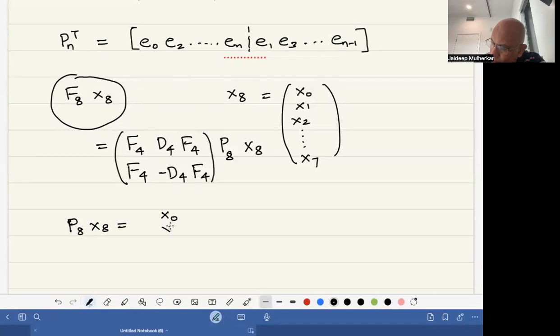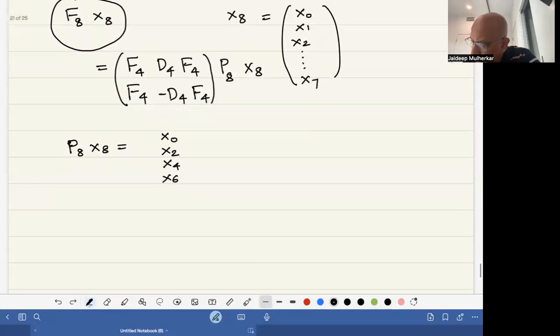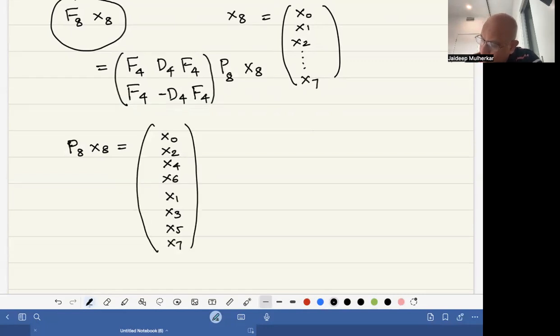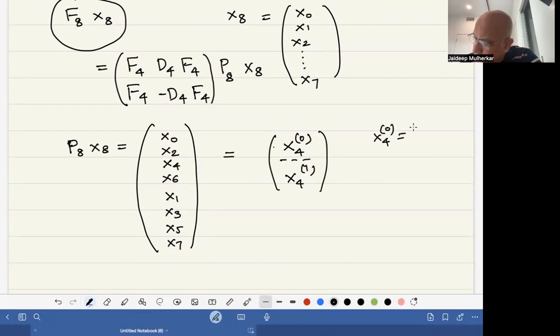So this will be x0, x2, x4, x6, and then followed by x1, x3, x5, and x7. So I can write this as x4 of 0 and then x4 of 1, where x4 of 0 is all the even entries, and x4 of 1 are all the odd entries.